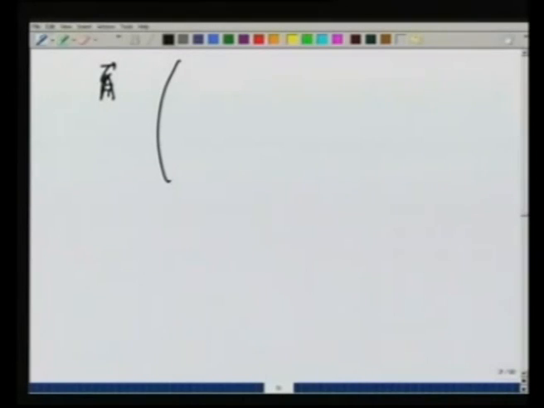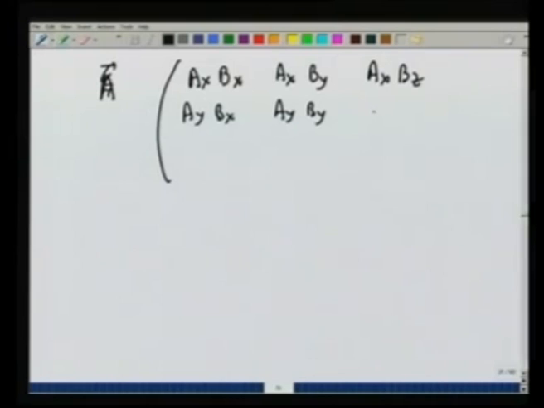So, first quantity I told you about is of those, let me write all the components: AxBx, AxBy, AxBz, AyBx, AyBy, AyBz, AzBx, AzBy, AzBz.